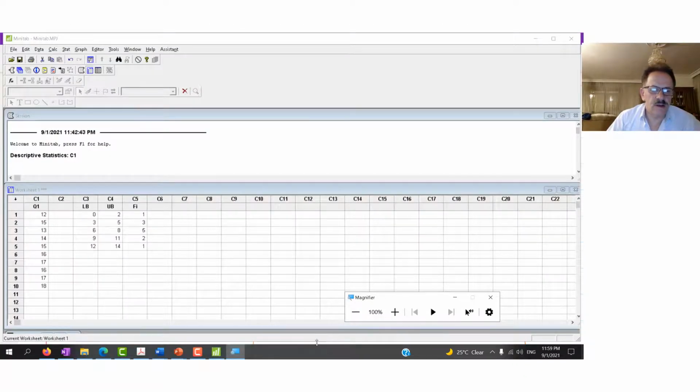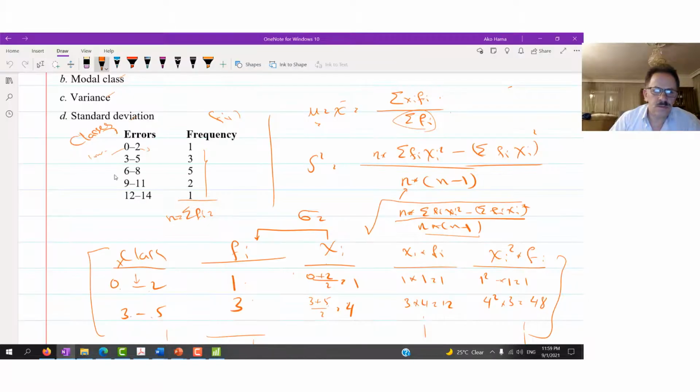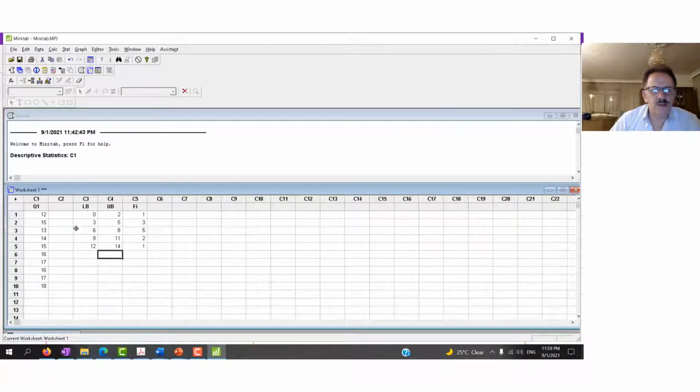So that's what I have. Let me check this one: 0 to 2, 3 to 5, 6 to 8, 9 to 11, 12 to 14, and this is the frequency.